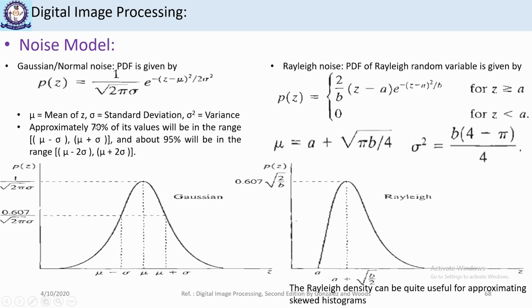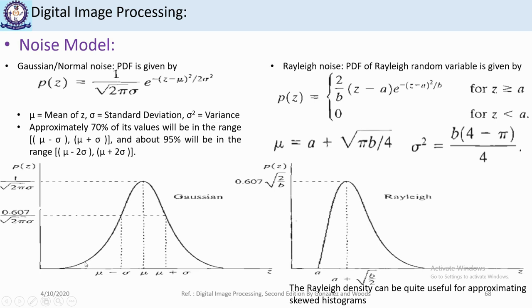Now, another property of the Gaussian noise is that approximately 70% of its values will be in the range mu minus sigma to mu plus sigma. So here this is mu. At mu, its PDF has the maximum value, and 70% of its values will be from mu minus sigma to mu plus sigma, and 95% of its values will range between mu minus 2 sigma to mu plus 2 sigma.